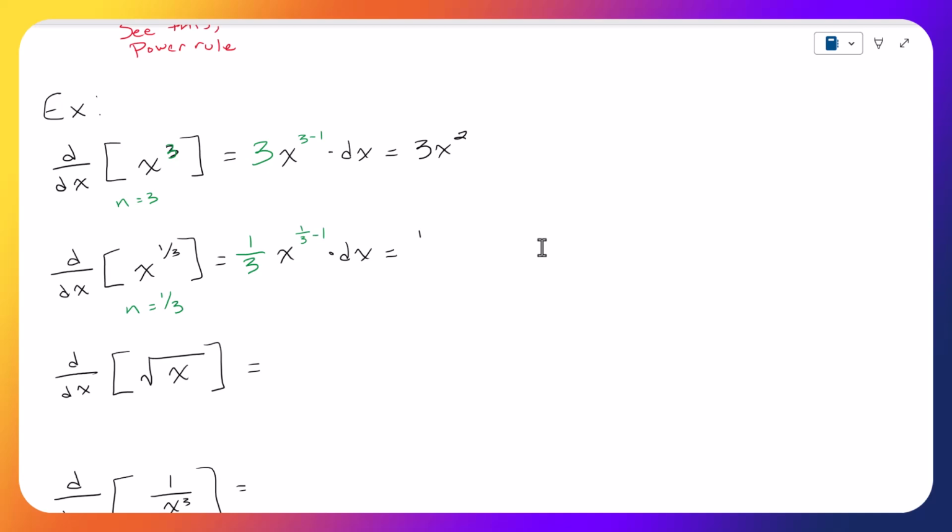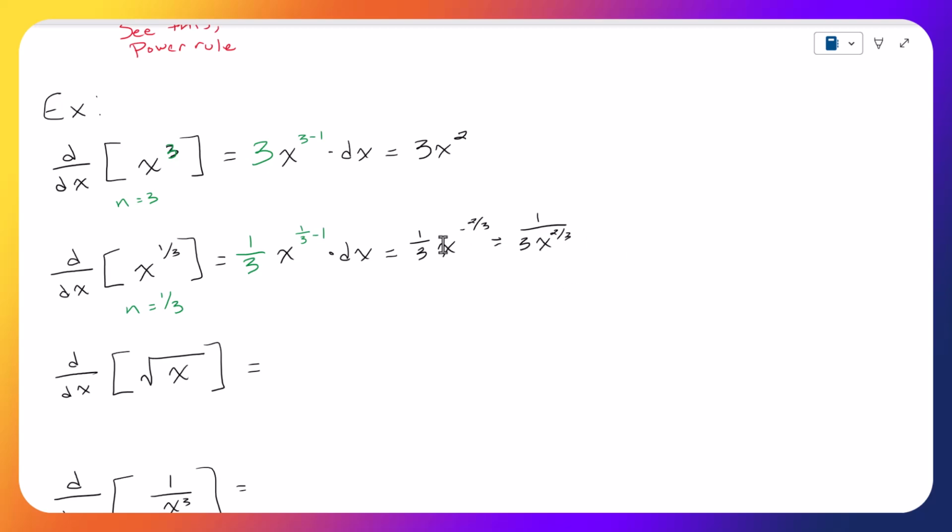We get 1/3 x to the 1/3 minus 1, which is negative 2/3. I don't want to write the dx anymore because the derivative of x is just 1, so that goes away. And now let's just make this look prettier. If we have a negative exponent, we can make it positive by just moving it to the denominator. So we have 1 over 3 x to the 2/3. And there's our derivative of x to the 1/3.